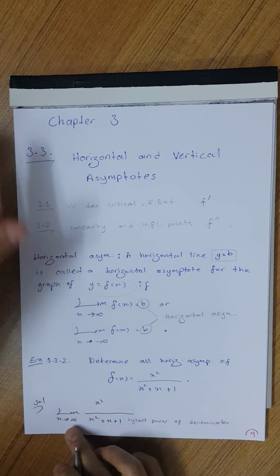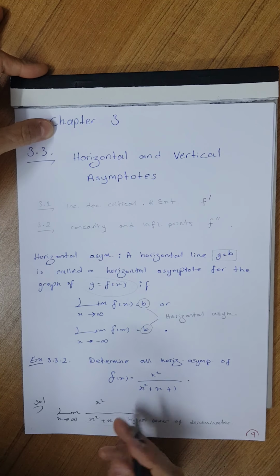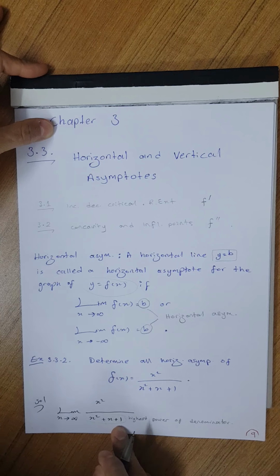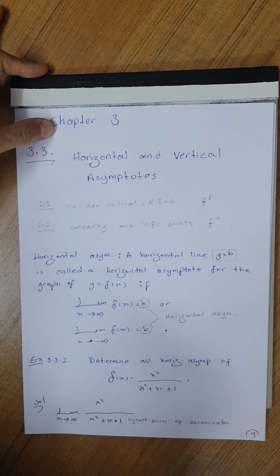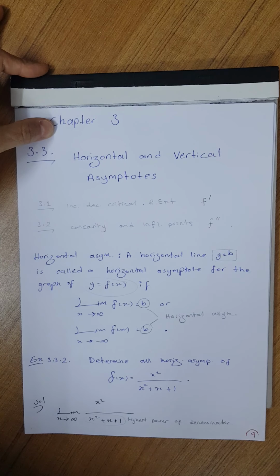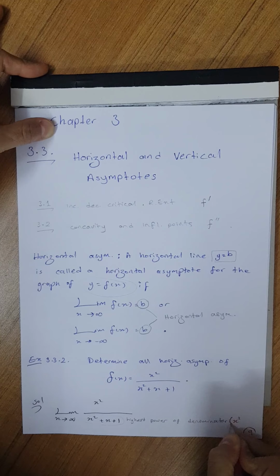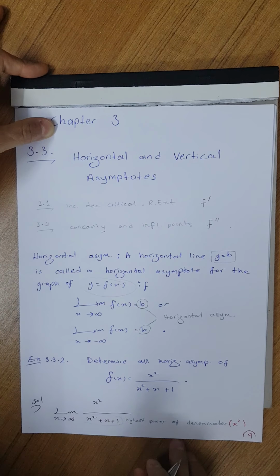As we talked about when we were explaining limits, we don't care about the power of the numerator, even if it is higher than the power of the denominator. We just care about the power of the denominator. So what is the highest power of the denominator? It is x squared.